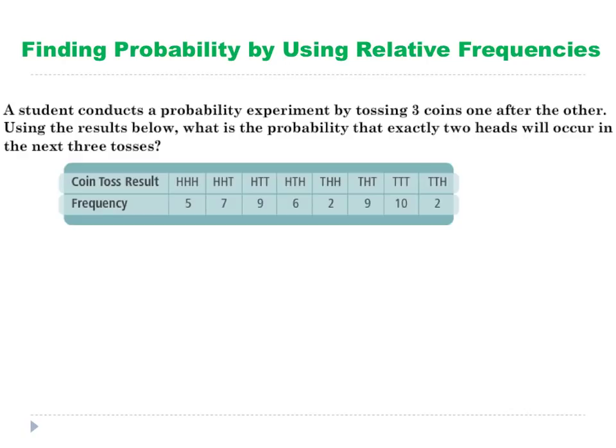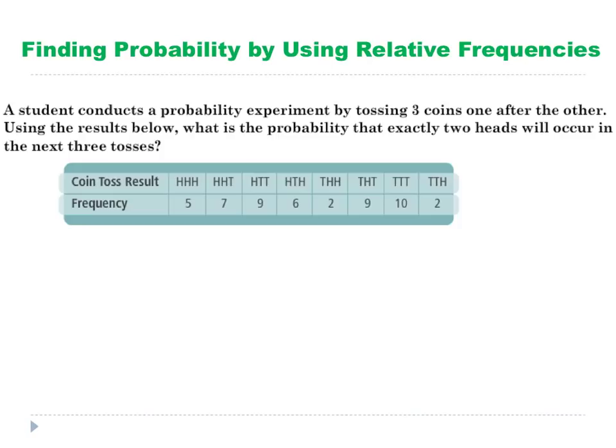Heads, heads, tails 7, heads, tails, tails 9, and so on and so forth with the different flips there. So using the results below, what is the probability that exactly 2 heads will occur in the next 3 tosses? Okay, so probability, right? Again, finding that percent or that relative frequency that exactly 2 heads will occur.